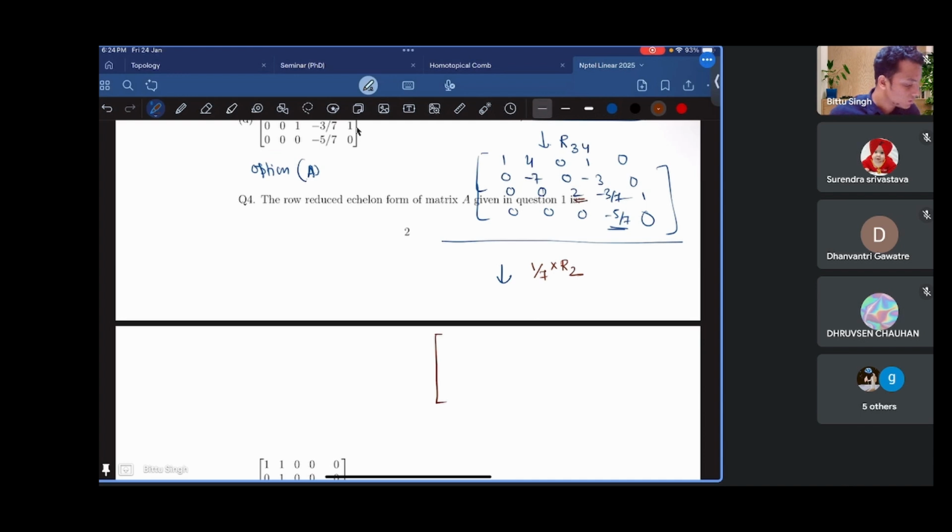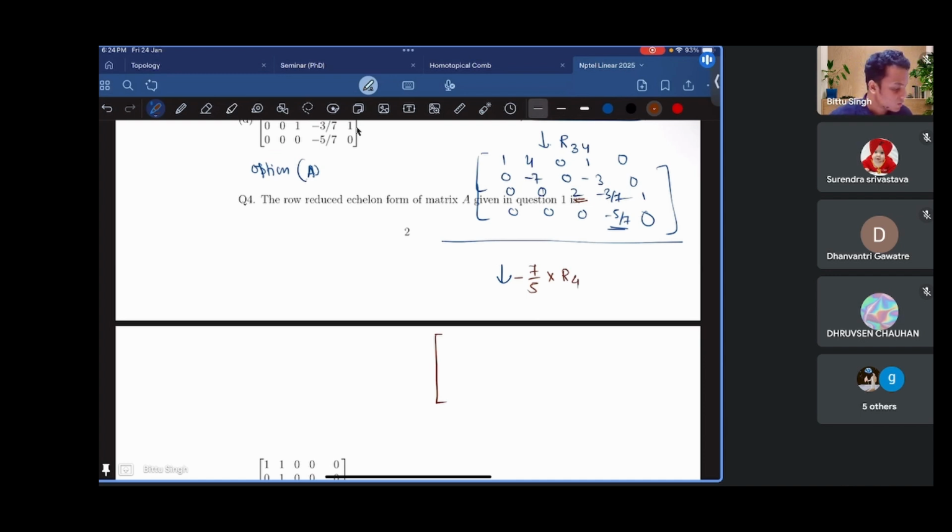Similarly, half times row 3. And -5/7. Before that, let us perform this operation so that it will easily reduce. So -7/5 times row 4.